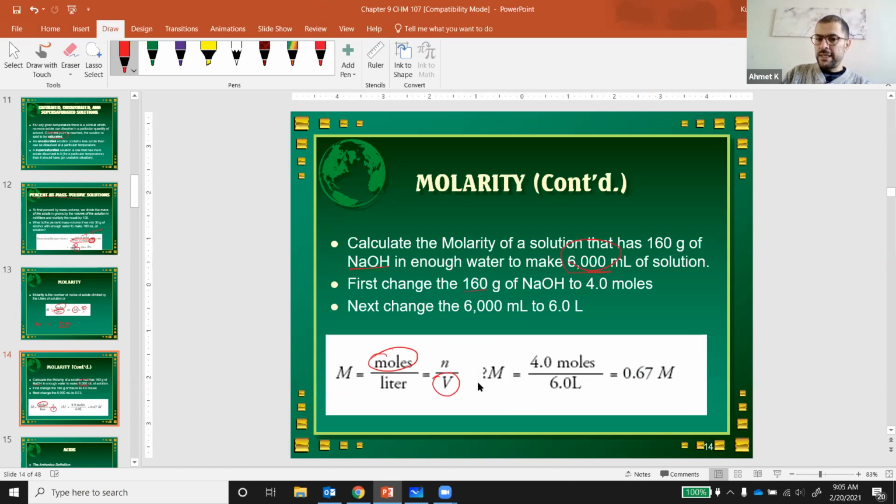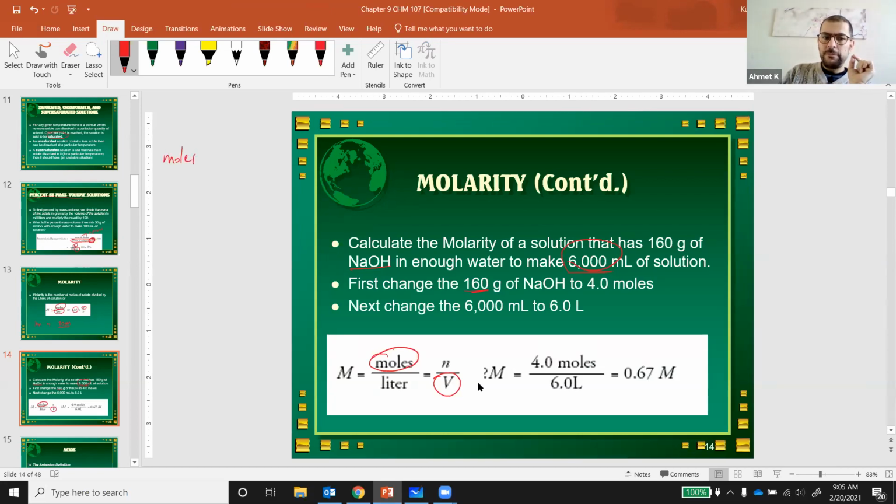They are just giving you the mass. So how can I actually get the moles out of the mass? I think I gave you this formula. Moles is equal to mass over molar mass, right?